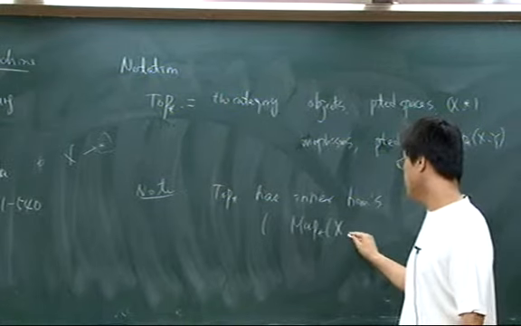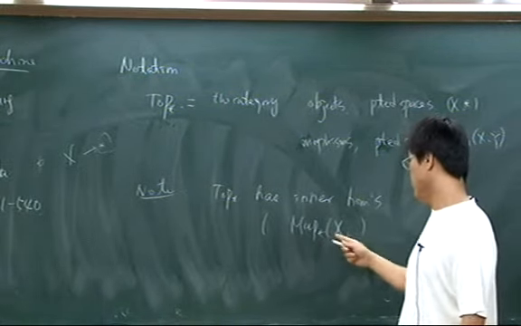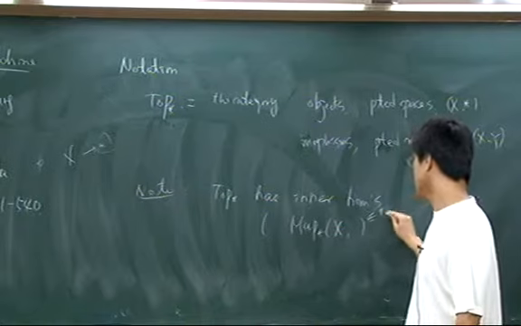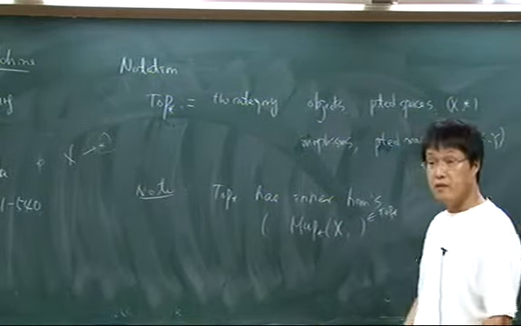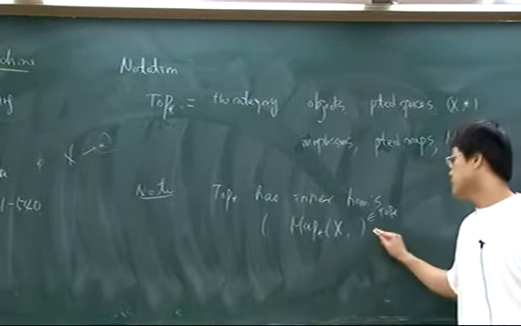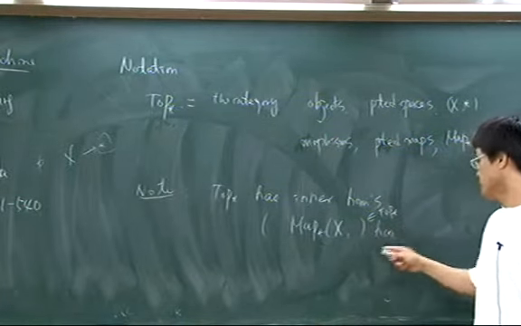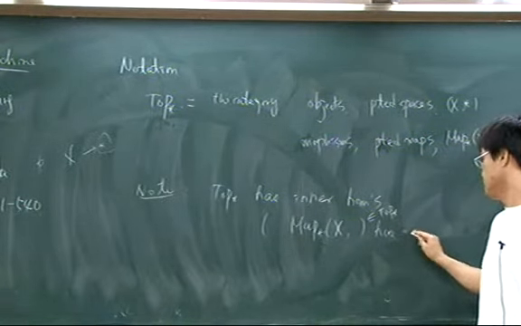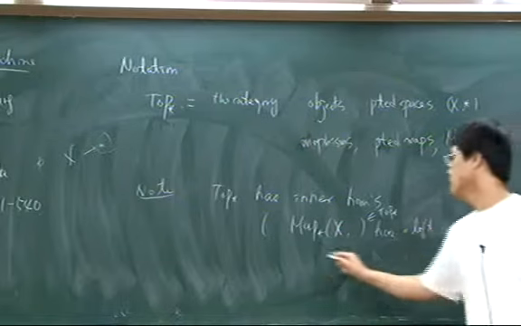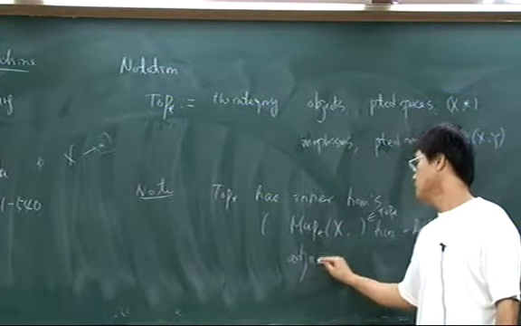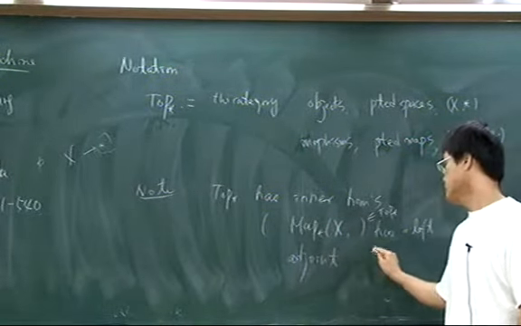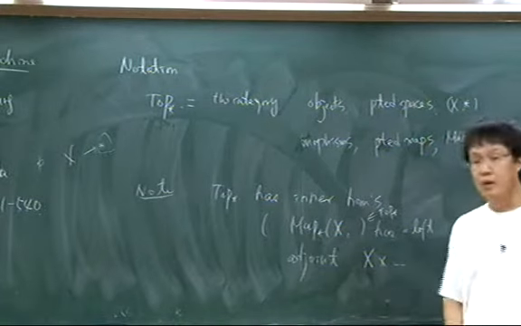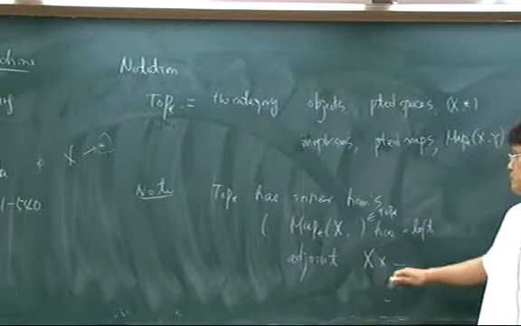You have this Hom functor, and this is again a topological space, right? And also this one has a left adjoint, which is the product functor, right?